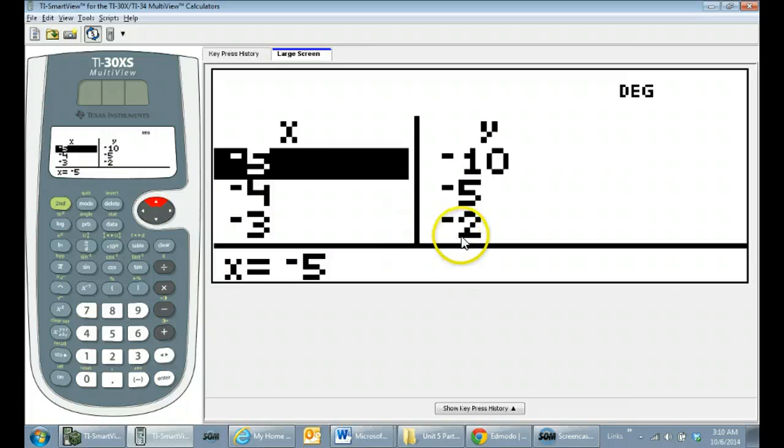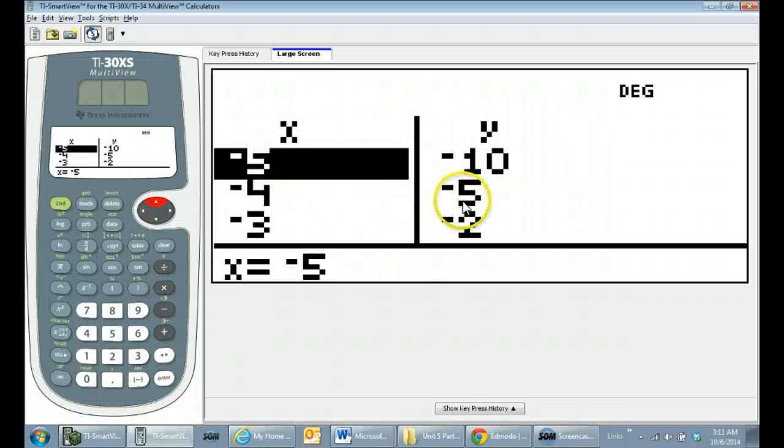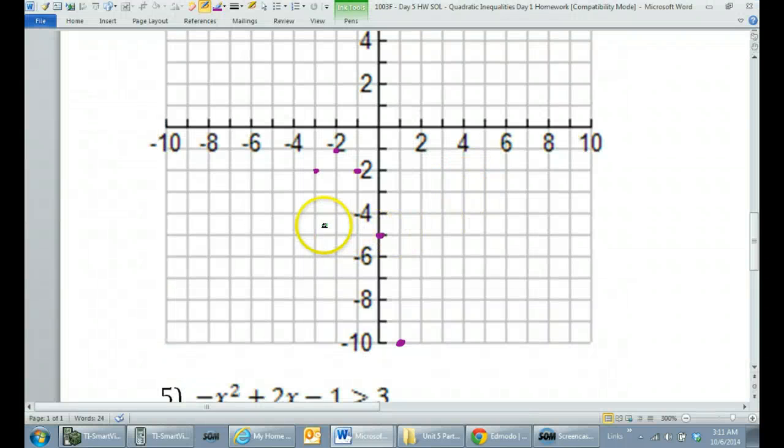So at negative 3, we're at negative 2 again. Okay, so you can see the mirror image happening. That's why we have negative 5 and negative 10 coming next. Okay, so there's our parabola.